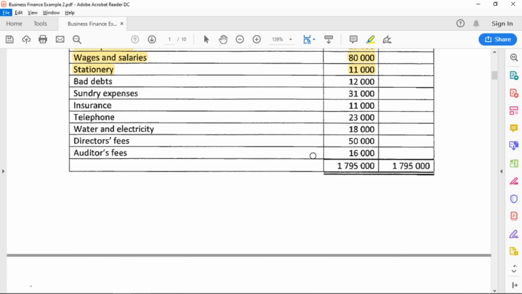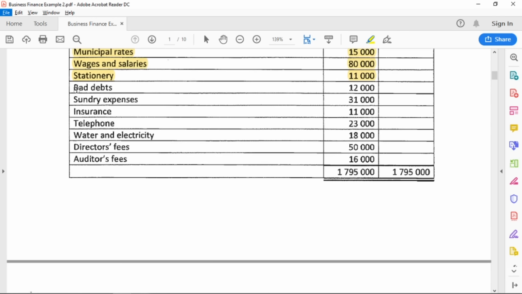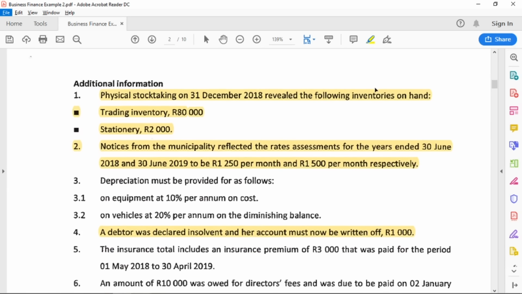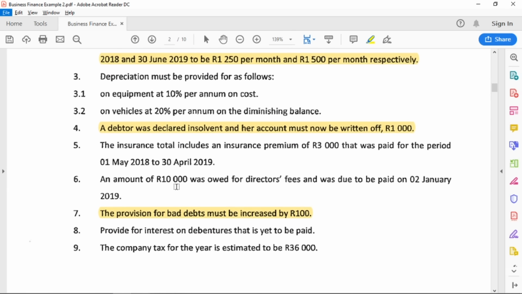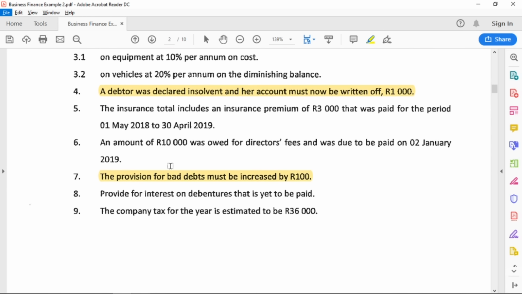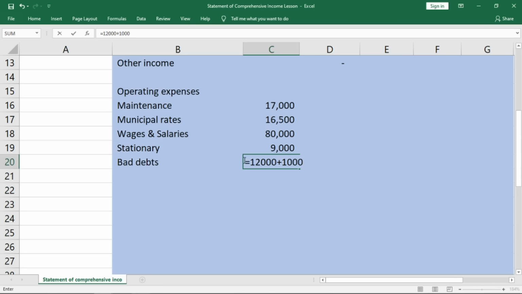So again, it's the 12,000 Rand over here, plus the one which you are told that debtor was insolvent, 1,000 Rand. So 12,000 plus 1,000 plus the provision for bad debts, which is increased by 100 Rand. So we take 12,000 plus 1,000 plus the 100 Rand, which is the increase in the provision for bad debts. 13,100 Rand. That is our new bad debt.